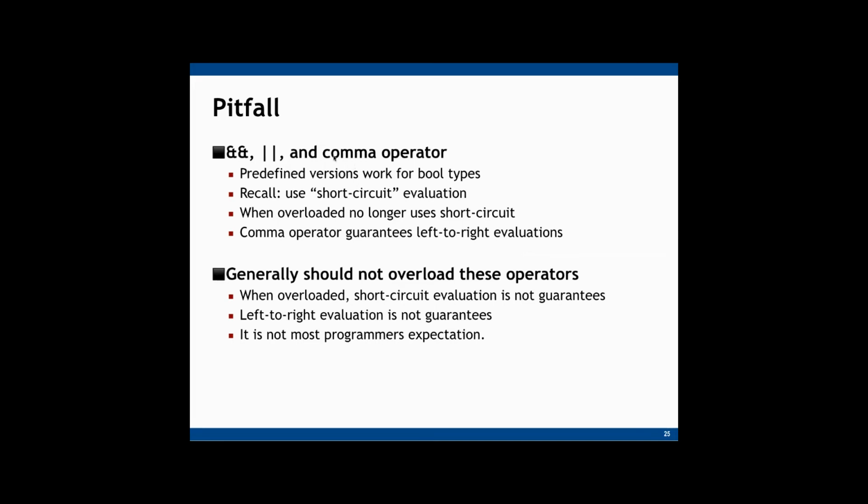But if you overload the logical and, logical or, and comma operators, no such guarantee is given, and it may not meet most programmers' expectations. So that will lead to unexpected errors or behaviors from the program. So generally, you should not overload these three operators.